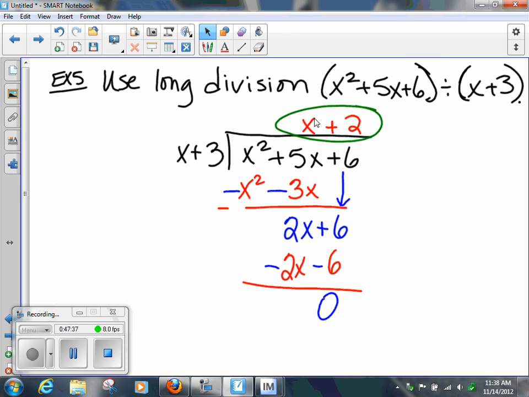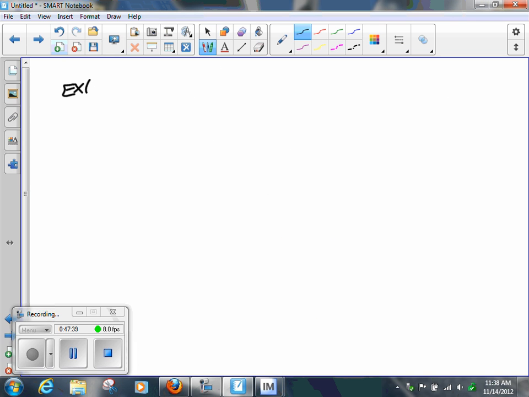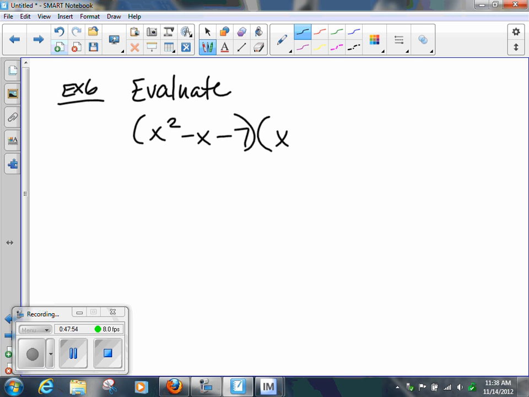This is going to look different. You don't have to complete this problem, but I at least want you to see it. If I were to give you a problem that said evaluate x squared minus x minus 7 times x minus 3 to the negative 1 power, that's kind of weird.